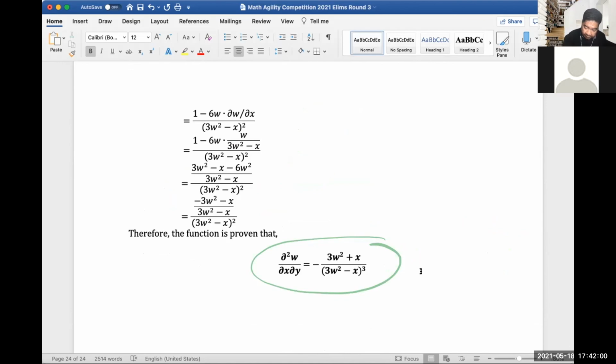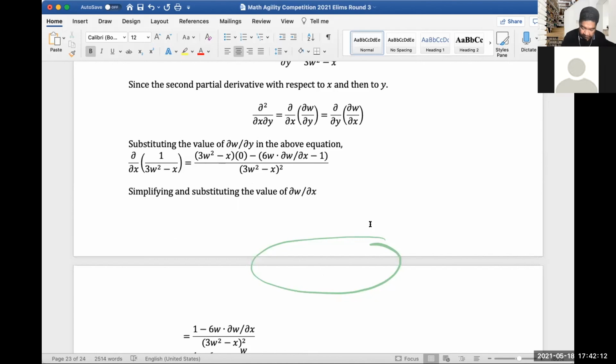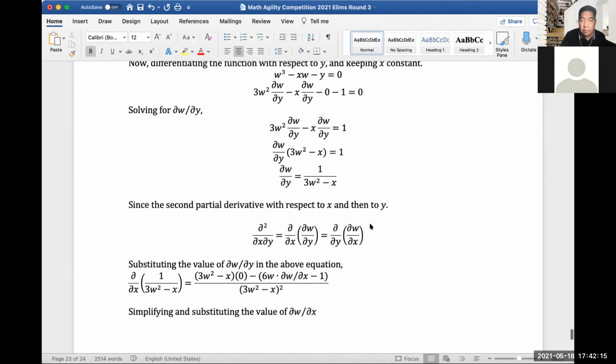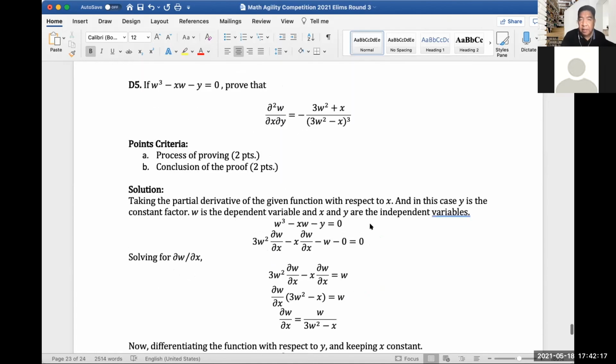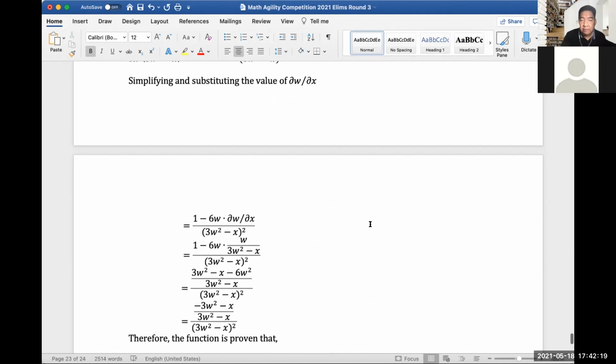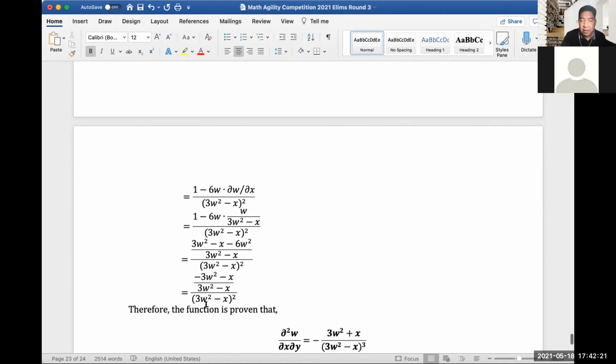So I simply took the negative from the equation. Let's see here. All right, yes, negative, negative. I forgot the negative here, sorry.